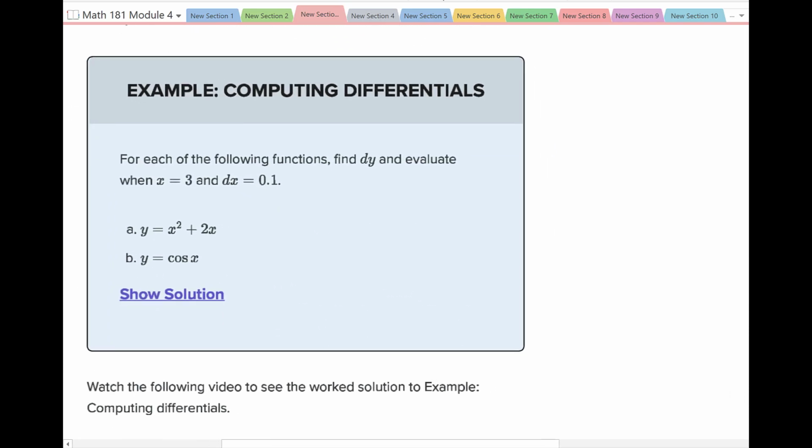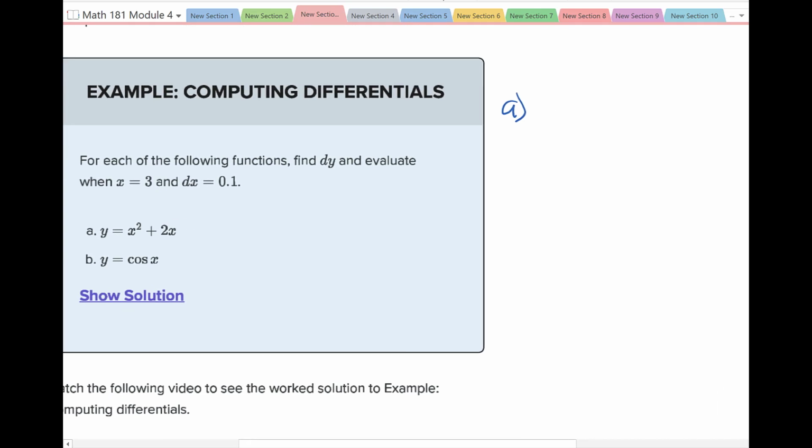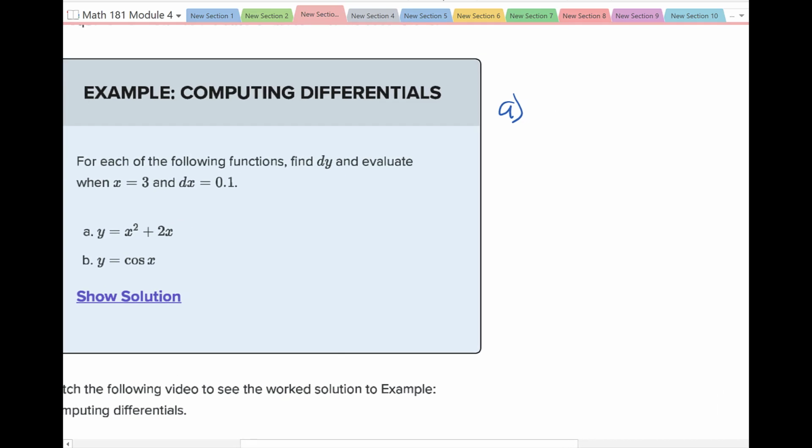For this first example, it says for each of the following functions, find dy and evaluate when x equals 3 and dx equals 0.1. So for our first one, we have that y equals x squared plus 2x, so that y prime would be 2x plus 2.